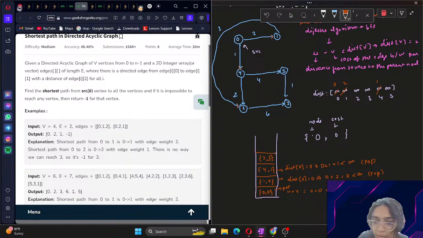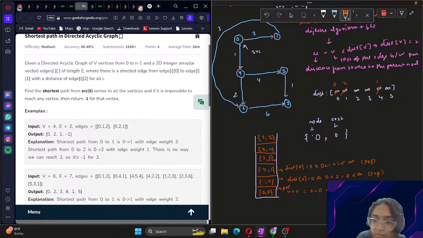So before popping out, we're gonna enter its neighboring nodes. That is node 5 with cost 4, node 2 with cost 2. Right.